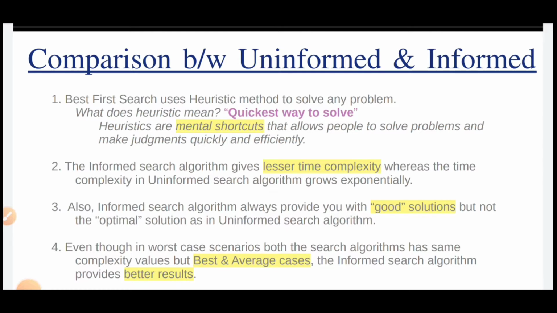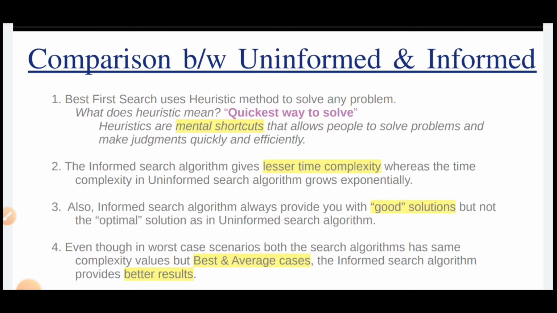The reason is that DFS and BFS are uninformed search algorithms, and their time complexity grows exponentially because they look at all the possibilities without finding the best option, like the informed search algorithm does.